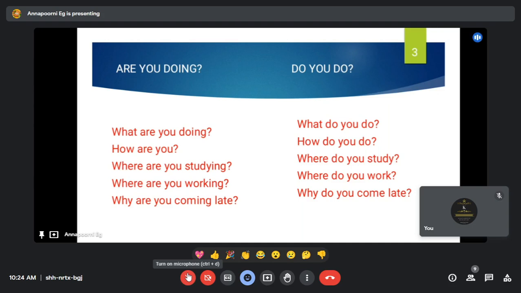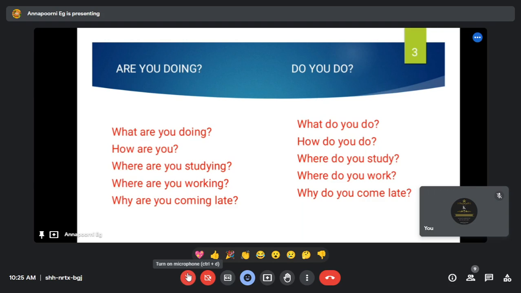Now moving to the right side, we can see: what do you do? How do you do? Where do you study? Where do you work? And finally, why do you come late? Here you can see five sentences which have the same meaning as the first five sentences.